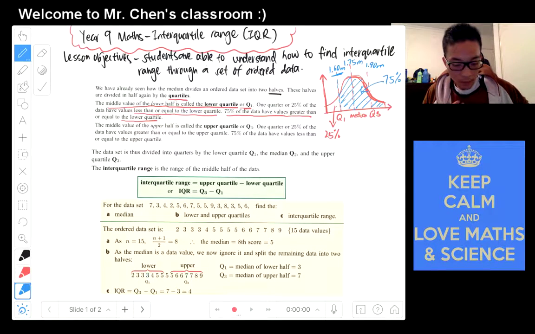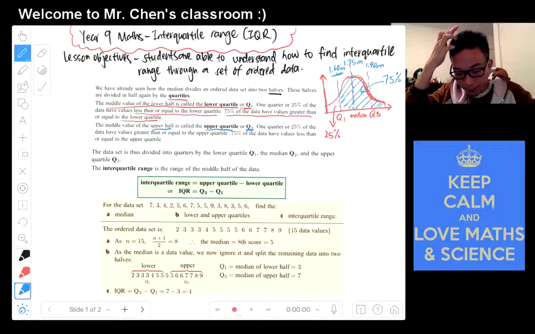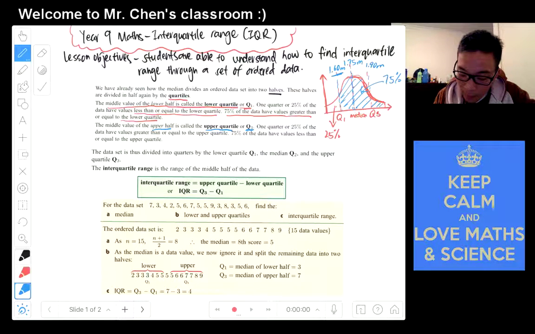Okay, so the middle value of the upper half is called the upper quartile, or Q3. So this is the middle, and anything above that is the top 50%. Going past that, anything above Q3, which is the third quartile, is the top 25%.